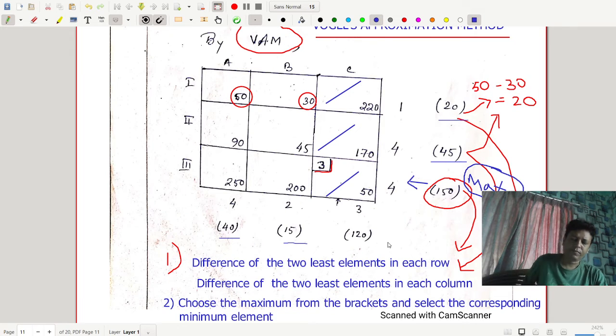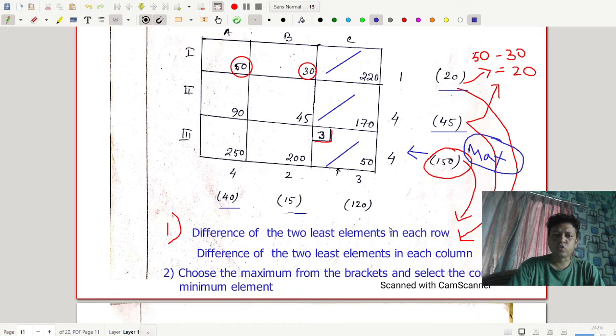This is the first step in Vogel's approximation: consider the two least elements and take the difference along rows and along columns. Now among all the differences, that is 20, 45, 150, 40, 15, 120, choose the maximum one.